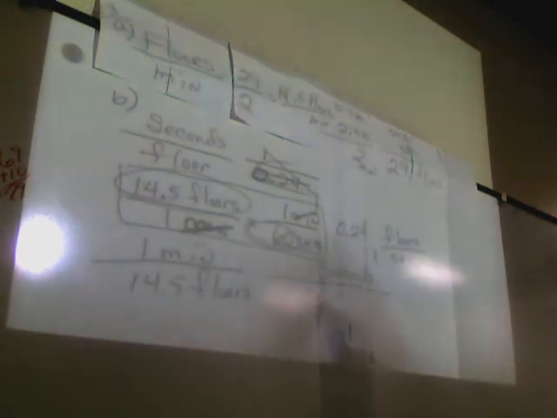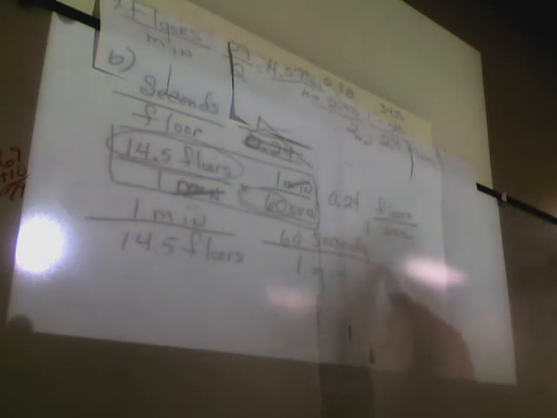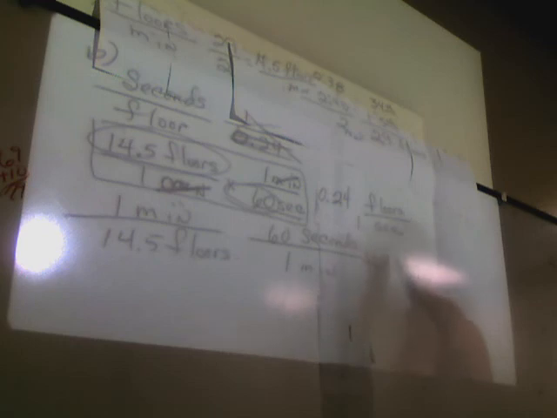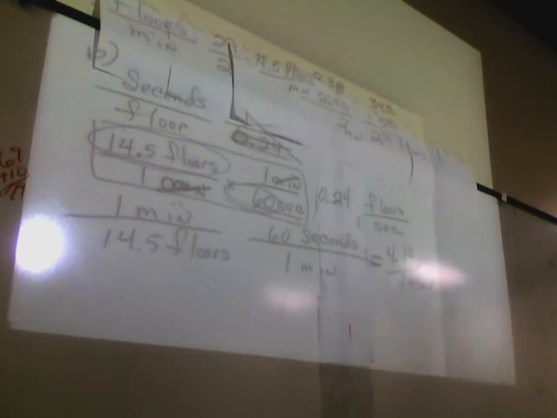Okay? 1 minute is 60 seconds. So instead of dividing 14.5 by 60, we're going to need the 60 divided by 14.5. And that'll give us seconds per floor. 4.14 seconds for 1 floor. So it took 4.14 seconds to go 1 floor. That's what it was wanting.